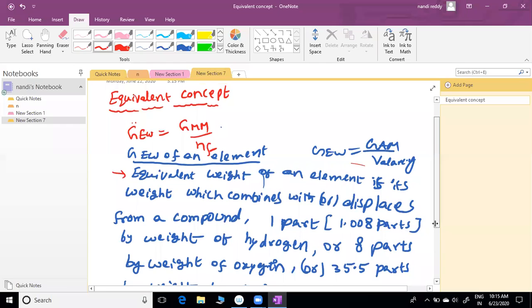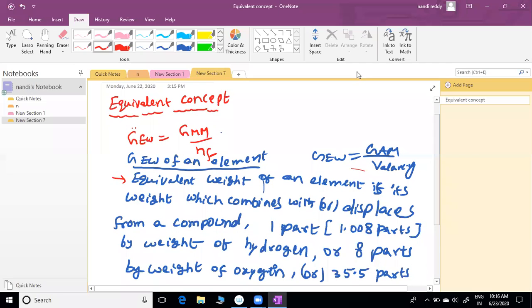Please note down the definition. It is already given in your notes. Please note down this equivalent concept. Under that, we already mentioned how to calculate equivalent weight.